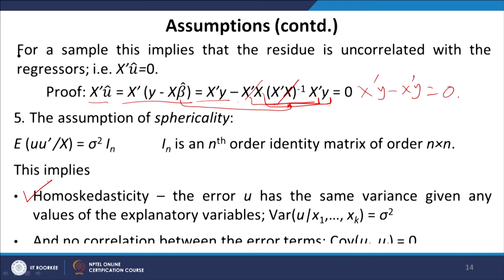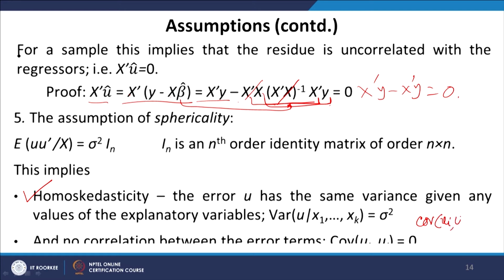So, variance of u given x1 to xk is equal to sigma square. This assumption also encompasses another assumption, and that is there is no correlation between the error terms. So, covariance between ui and uj is equal to 0.